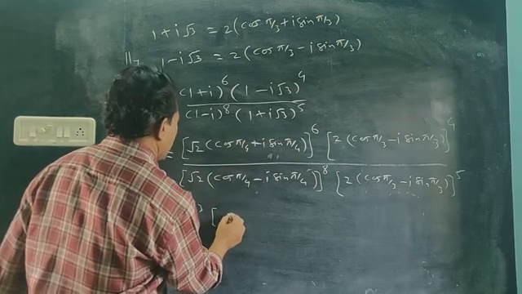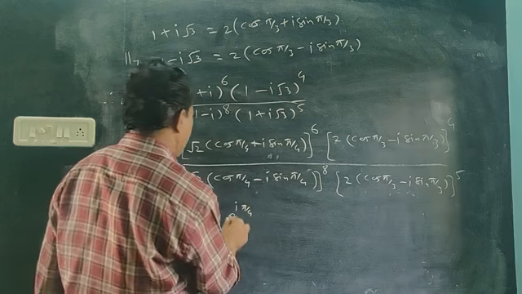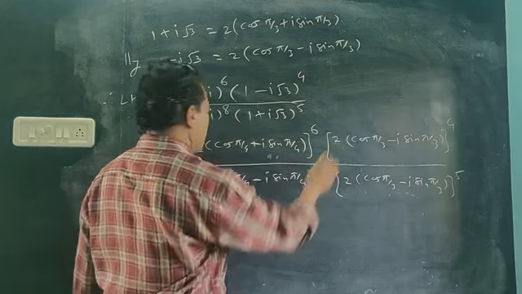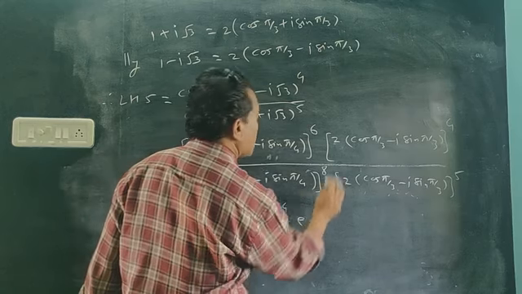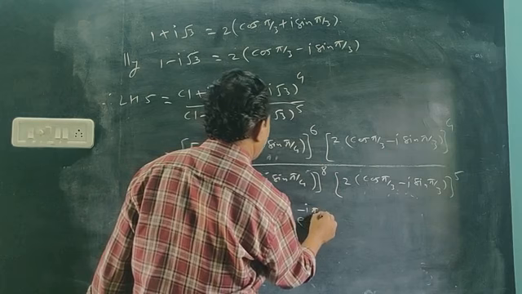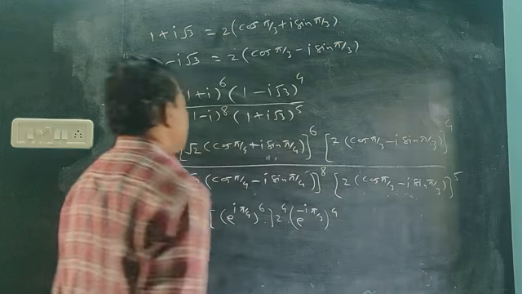Euler's also: e raised to power I pi by 4 raised to power 6, 2 raised to power 4, e raised to power minus I pi by 3 raised to power 4 total.